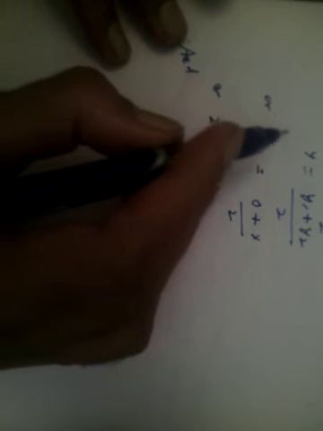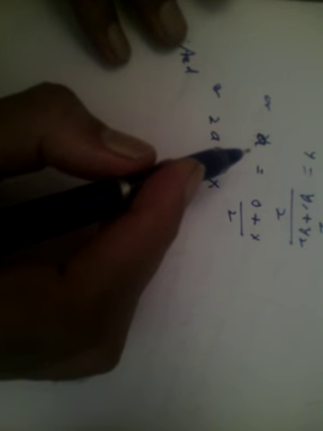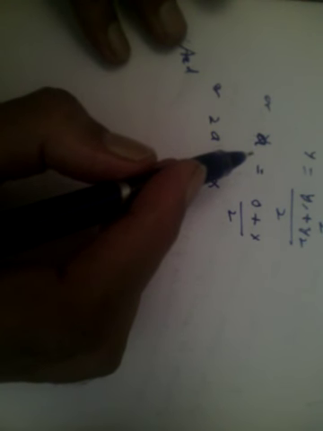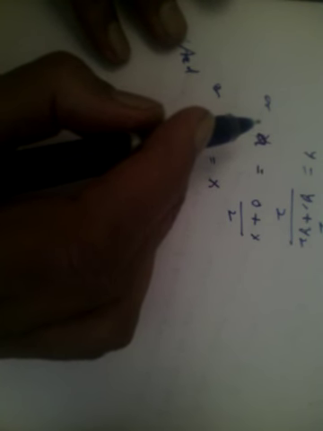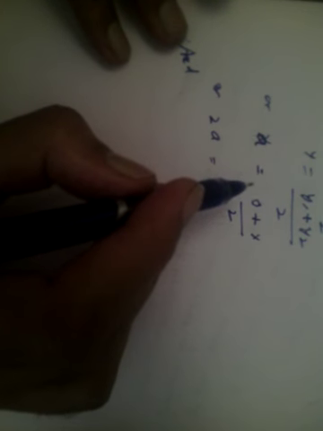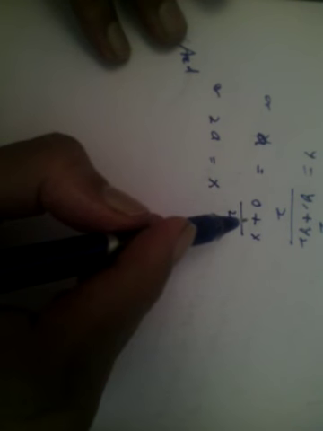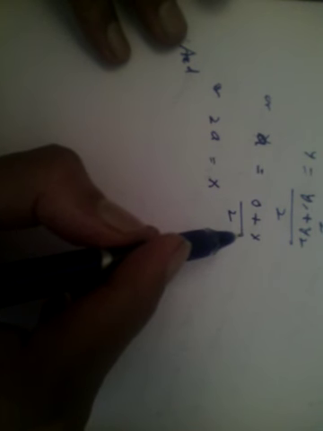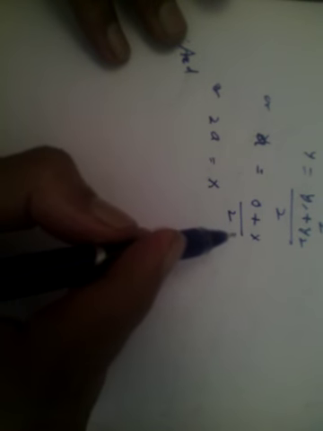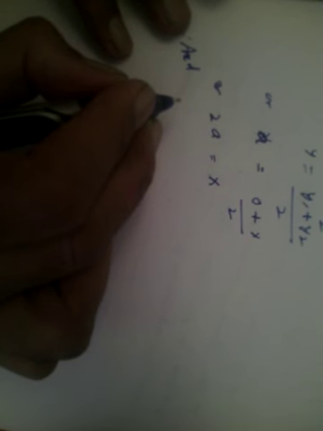So in this case, a is equal to x1 plus x2 by 2. x1 is 0, the coordinate of A, plus the coordinate of B, x, divided by 2, or 2a is equal to x.